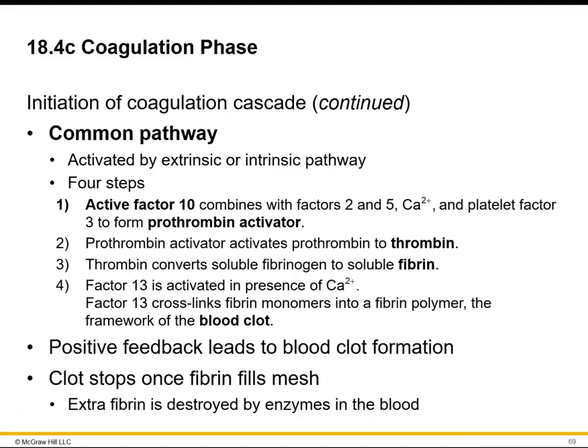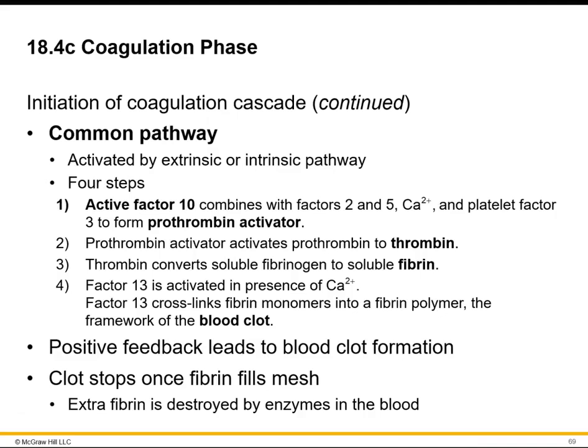The common pathway can be activated by either the extrinsic or intrinsic pathway, as we just discussed, and it has 4 steps. Active factor 10 is going to combine with factors 2, 5, calcium, and platelet factor 3 and forms prothrombin activator.